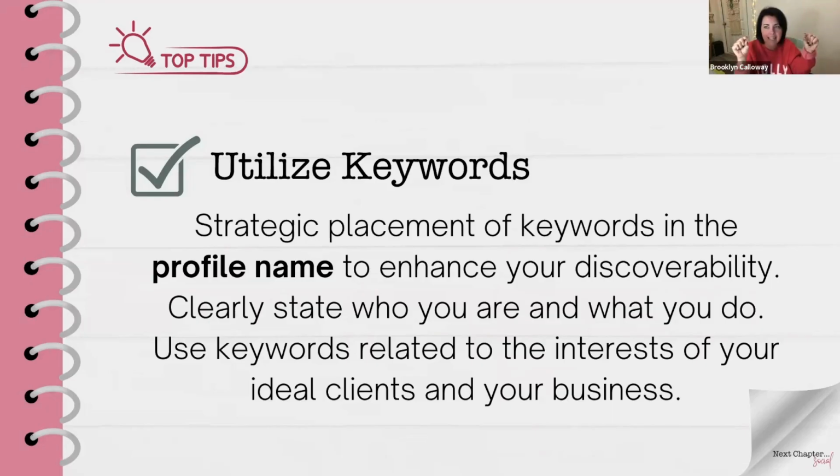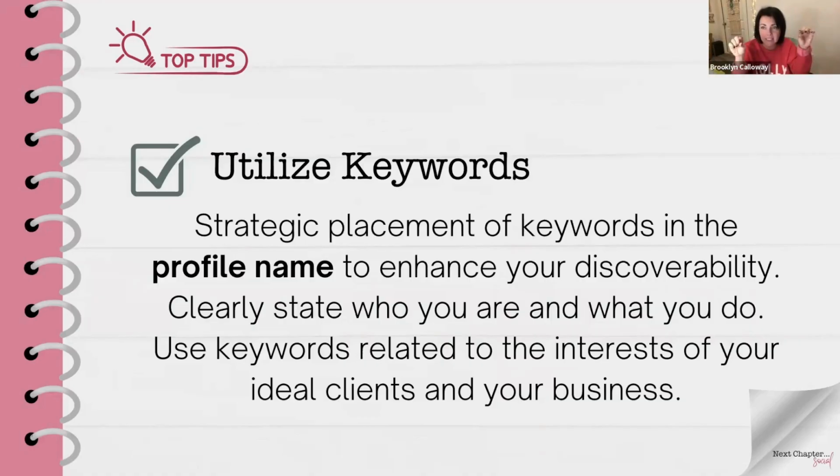So that dark highlighted line, ours says social media marketing coaches, because that's who we are. And social media marketing is a keyword that people are searching. So strategic placement of keywords in the profile name enhances your discoverability.